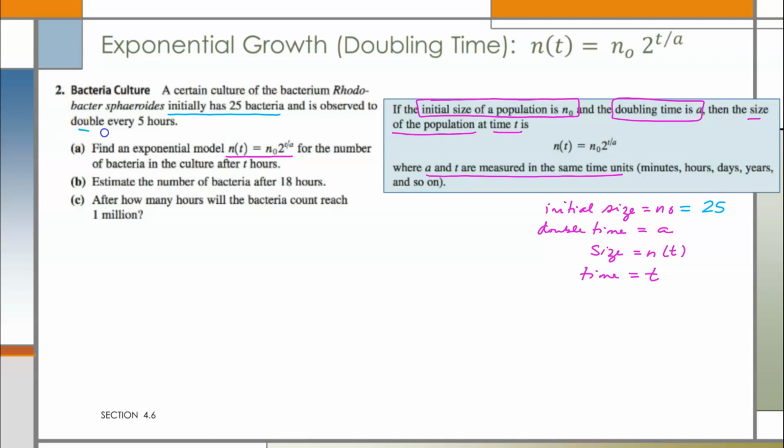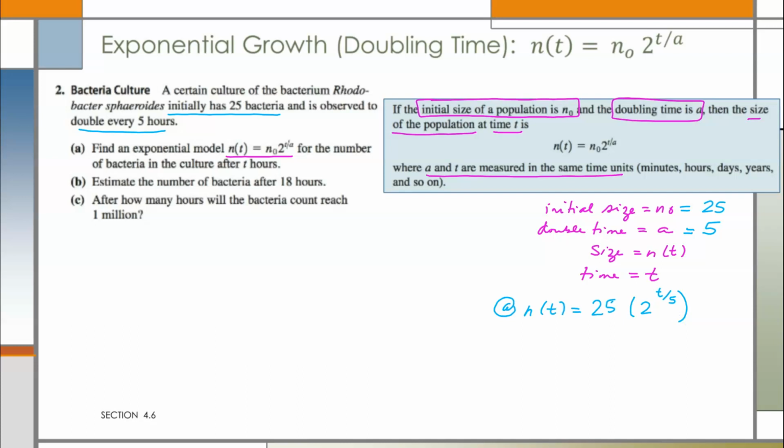It's observed to double every 5 hours, and that's what a was, doubling time. So for part a, we want that exponential model. N(t) is equal to n sub 0, 25, times 2 raised to the t divided by a, which now we know is 5. And there's our model.